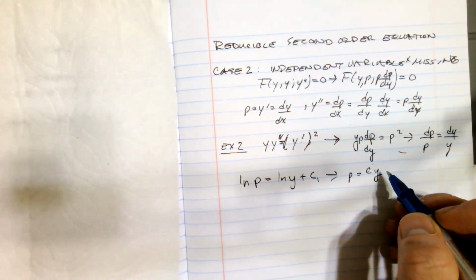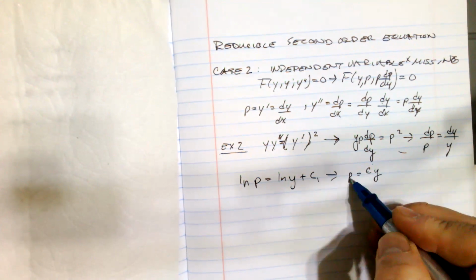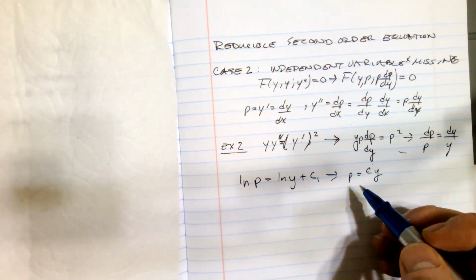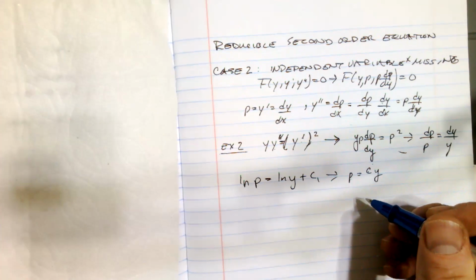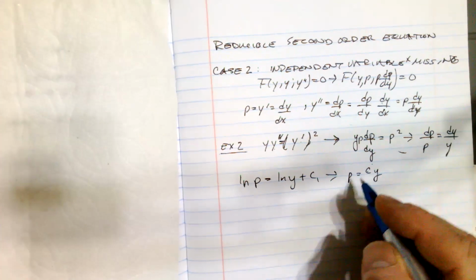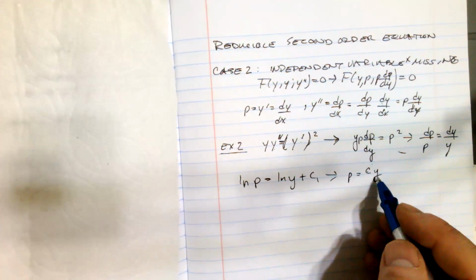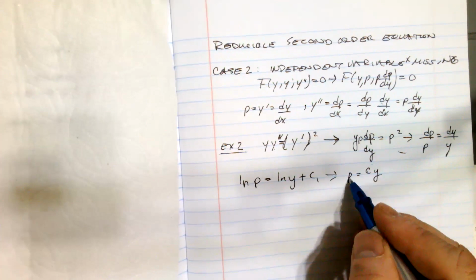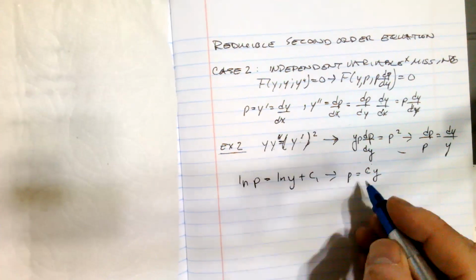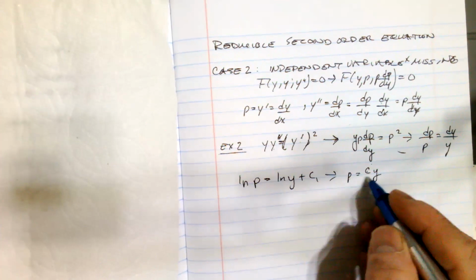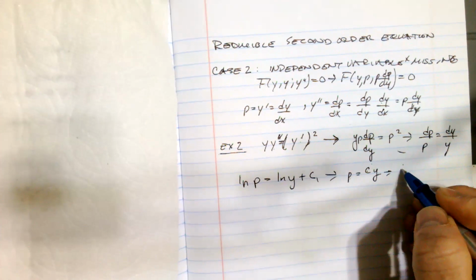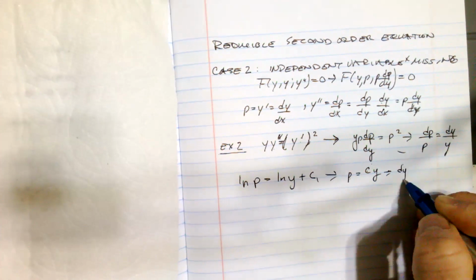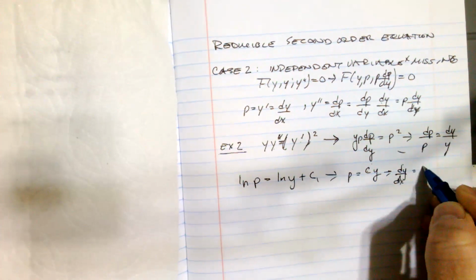And then remembering, of course, that p was dy dx, we can write this in the form where we flip this. So let's do that. So this is dy dx is equal to c1 y.